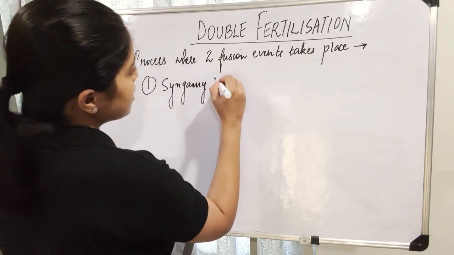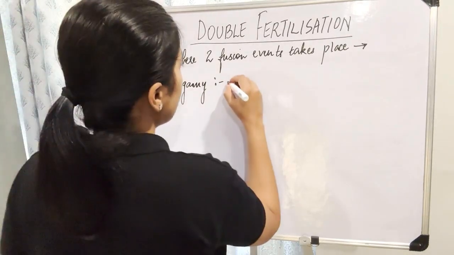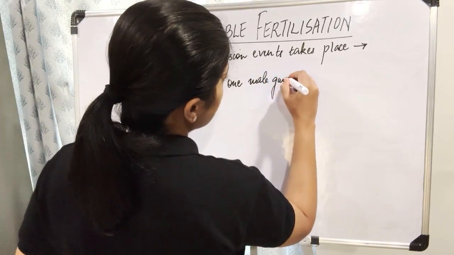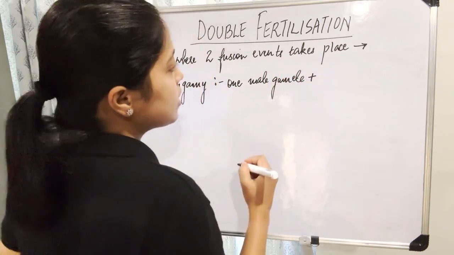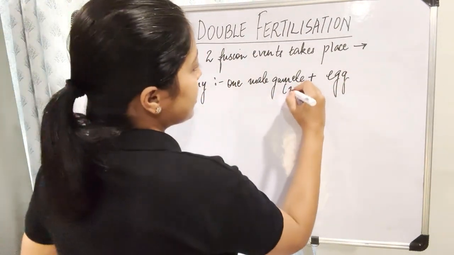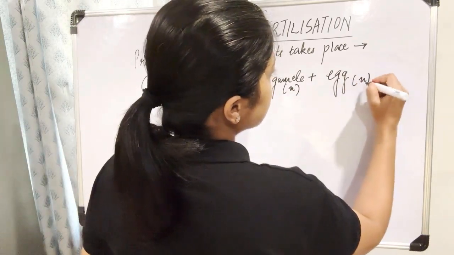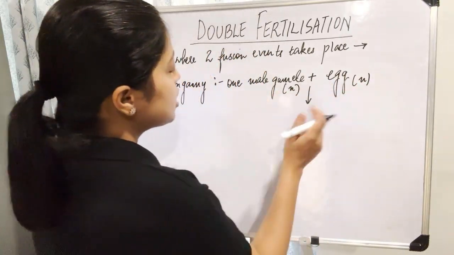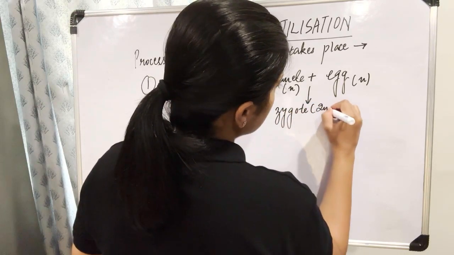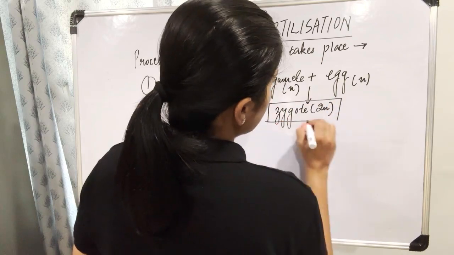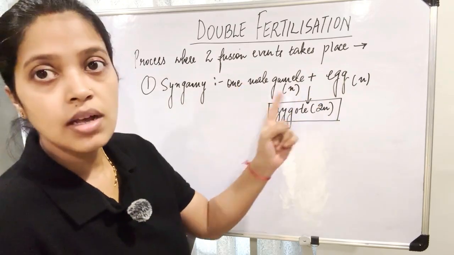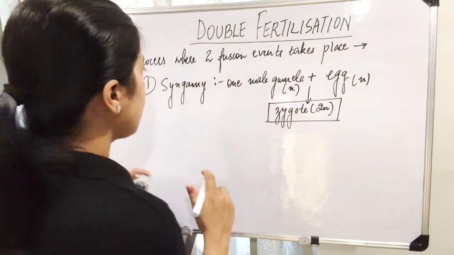Syngamy is when one of the male gametes fuses with the egg. The male gamete is haploid and so is the egg cell. This fusion forms the zygote, which is diploid. So the first fusion is called syngamy, which is the fusion of a male gamete with the egg, and it forms the zygote.